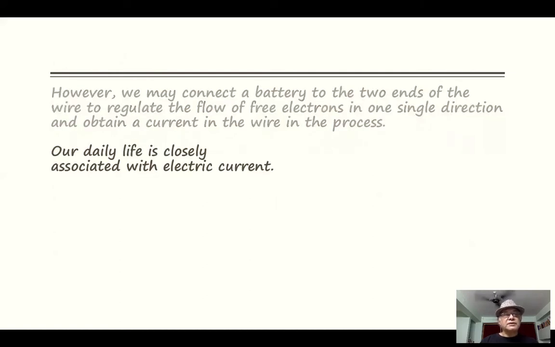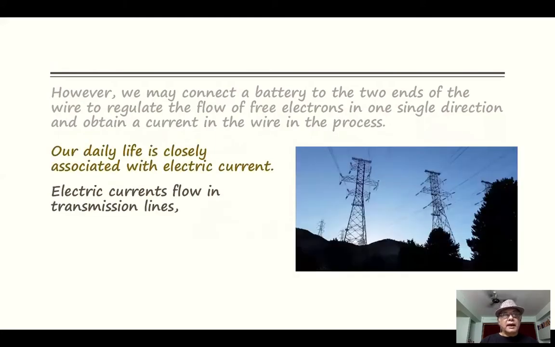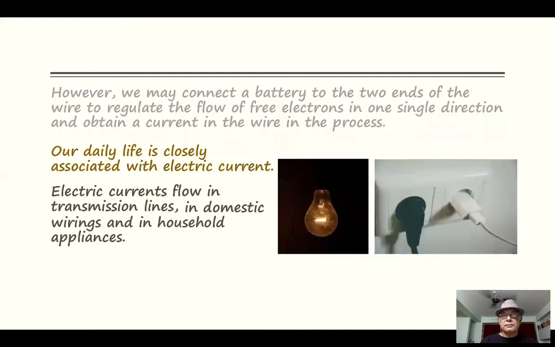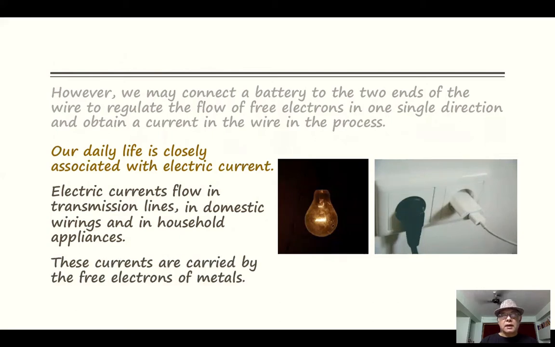Our daily life is closely associated with electric current. Electric currents flow in transmission lines, in domestic wirings, and in household appliances. These currents are carried by free electrons of metals.